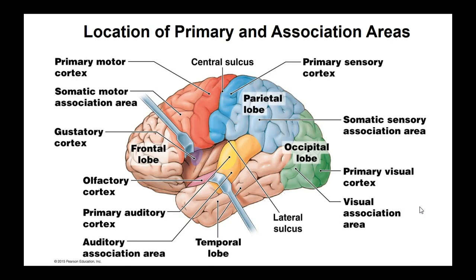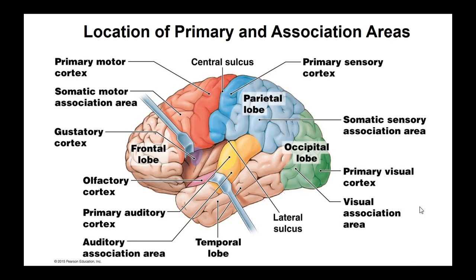Generally speaking, the association area is in close proximity to the primary area for whatever information it's dealing with. So not surprisingly, the primary motor cortex has the motor association area next to it, right? Here, we have the primary sensory cortex, and we have the association area right next to it. Here we have the visual cortex, and we have the visual association area right next to it.